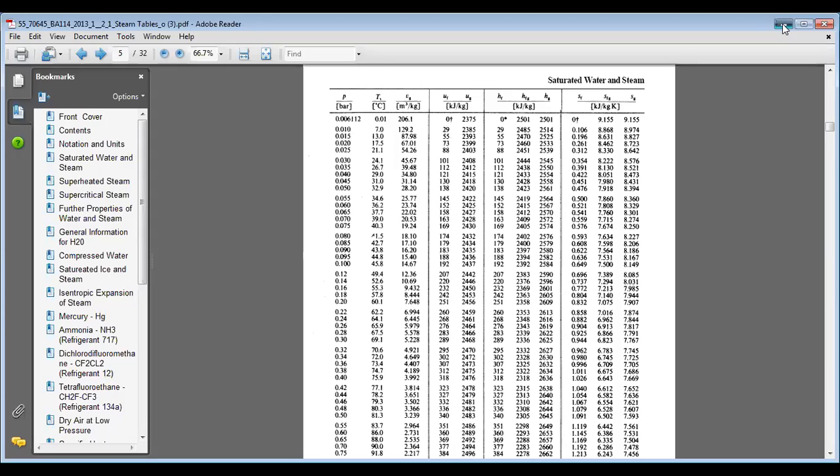And your Sf and Sg: Sf is 0.649, and your Sg is 8.149, in kilojoule per kilogram per kelvin.